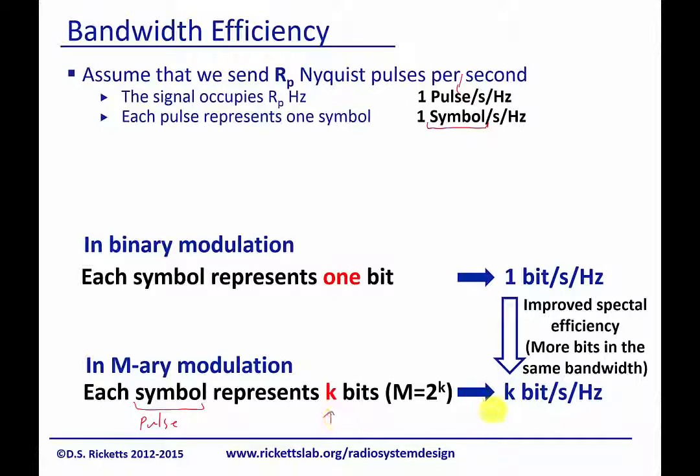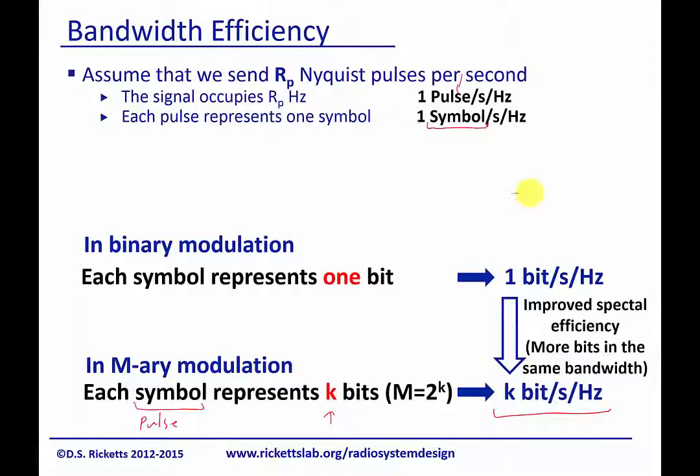So you end up with a spectral efficiency of k bits per second per hertz. Once again, our bandwidth is determined by our pulse, not by the number of bits. The way we get more bits per pulse is we basically have more states, if you will. I'll draw you a real quick cartoon.